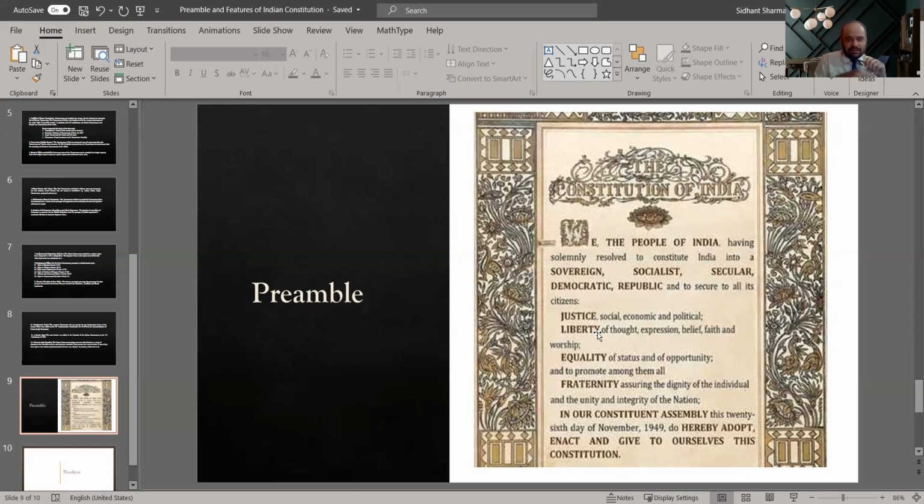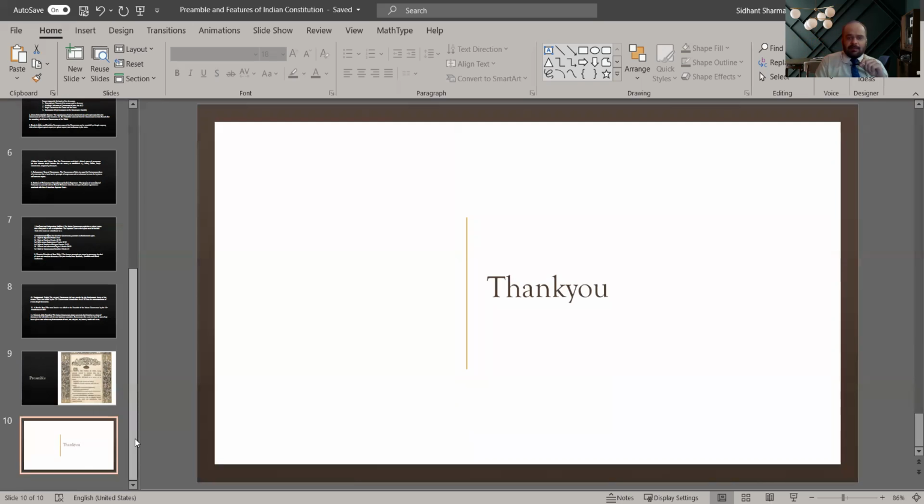These concepts are to be studied in detail, but I have provided a small gist of what the constitution is about, what the different salient features are, and what questions we can expect in the exam related to these concepts.